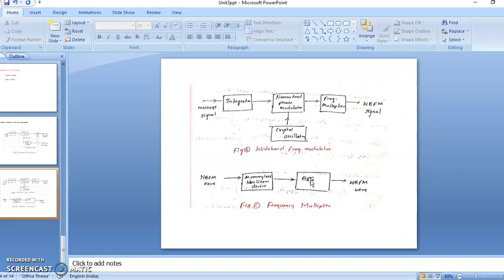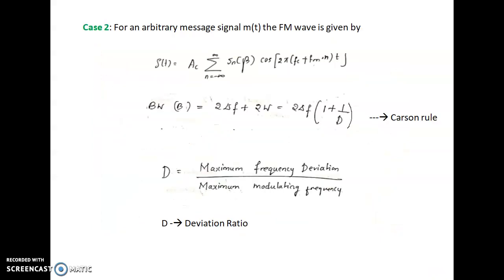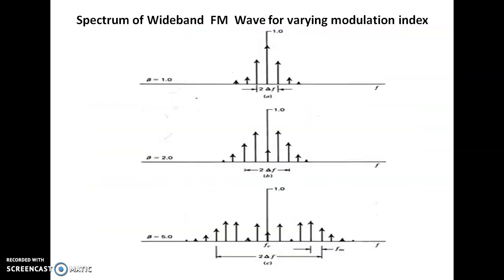other spectral components. One more point to be made clear is what this frequency multiplier is actually doing. Let us take an example: suppose this is a narrowband FM wave.